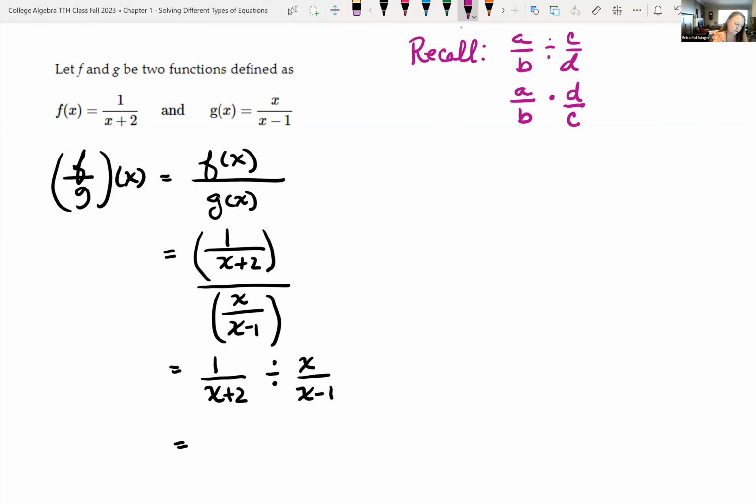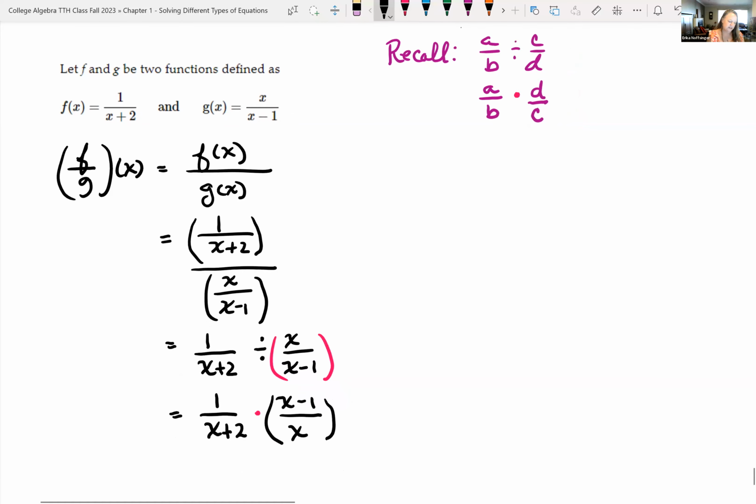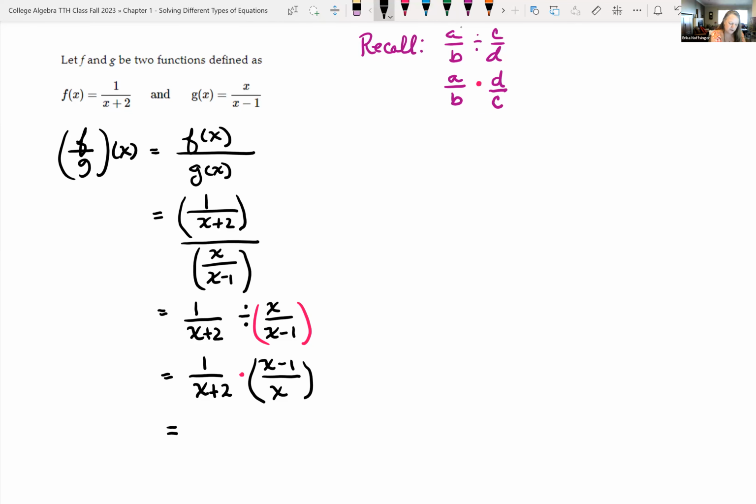So using this rule, we copy down our first fraction, 1 over x plus 2, times the reciprocal of the second fraction, which is x minus 1 in our numerator, all over x. So let's simplify. Let's just multiply straight across. 1 times x minus 1 is x minus 1, all over the quantity x plus 2 times x.